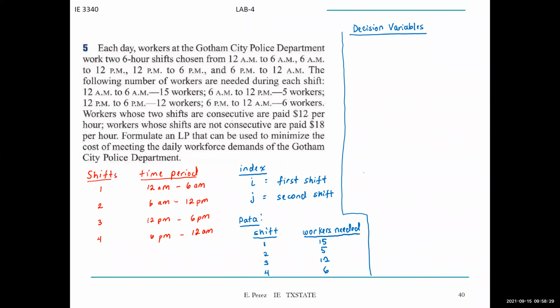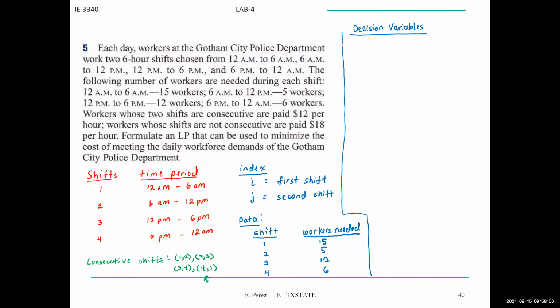So in terms of consecutive shifts, we have 1, 2, 2, 3, 3, 4, and 4, 1.